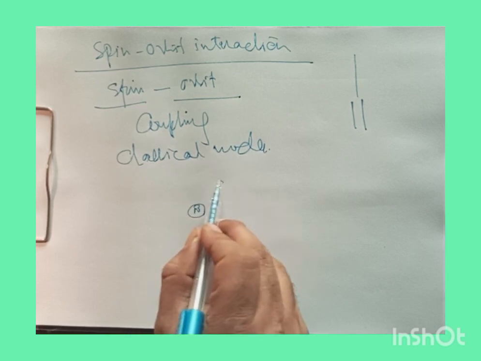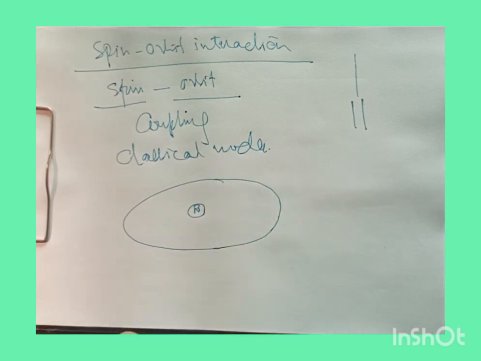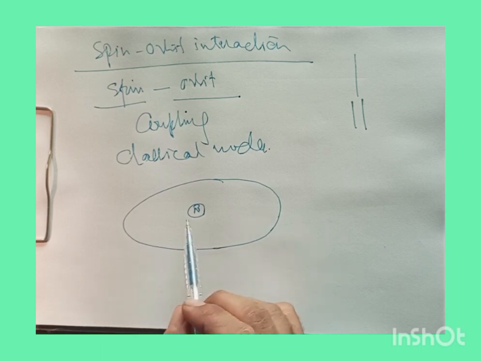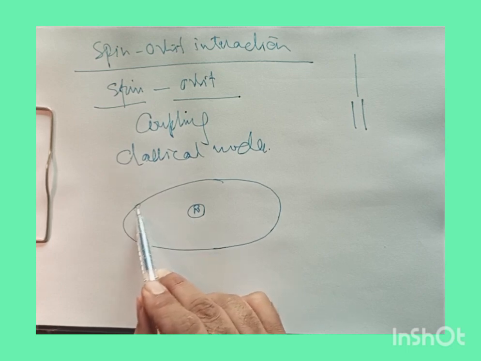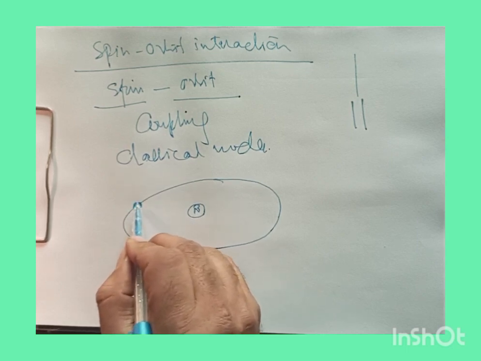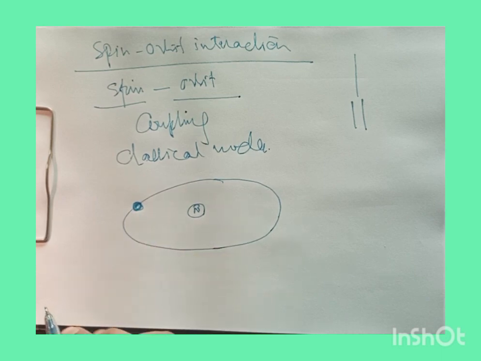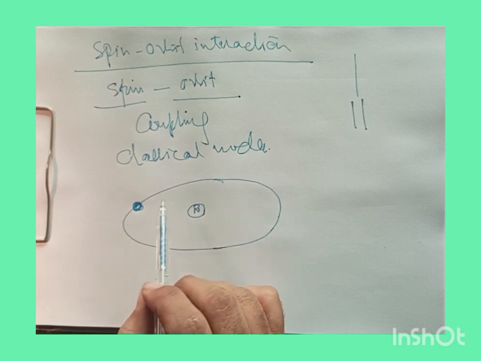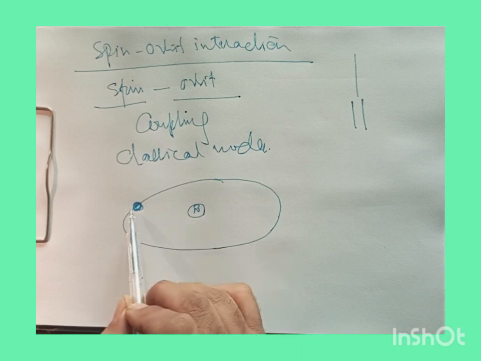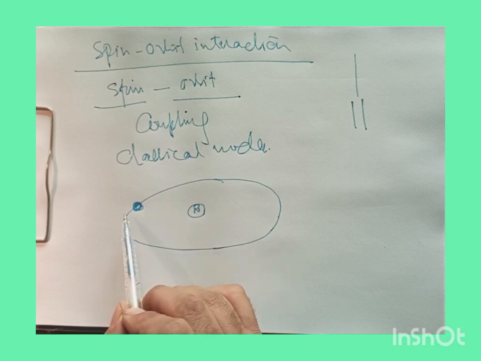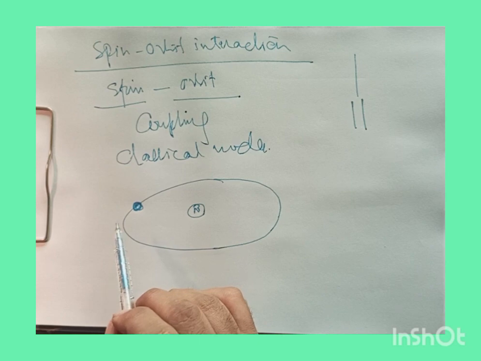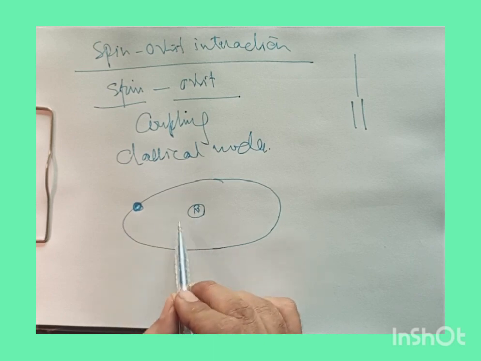We have a nucleus and we have an electron revolving, and it finds itself in a magnetic field, because in its own frame of reference, where the electron is, the nucleus is circling about it. The nucleus is circling with respect to the electron, and this magnetic field then acts upon the electron's own spin.